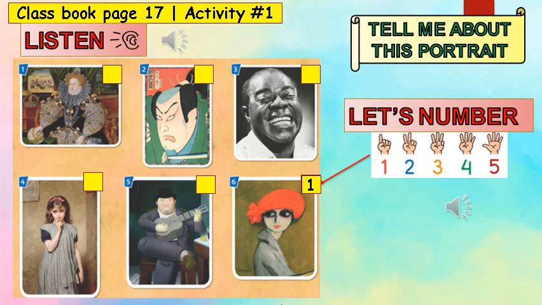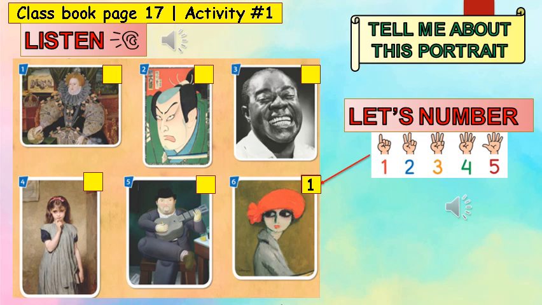Tell me about this portrait. It's a photo. It's a man. He's laughing. Is he happy? Yes, I think he's very happy. Tell me about this portrait. It's a painting. It's a girl. She's got brown hair and a pink ribbon.